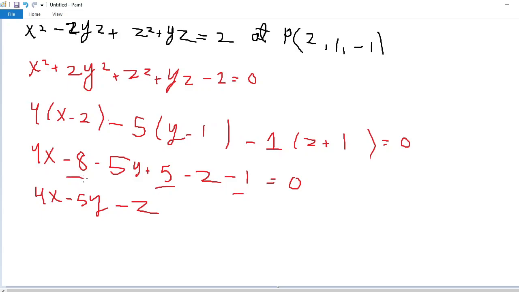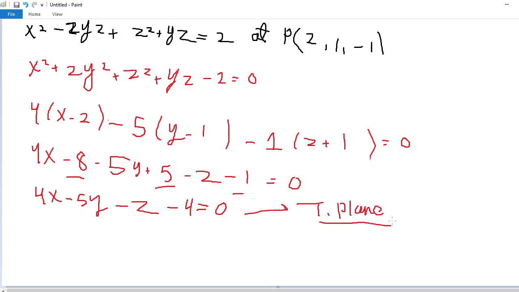So negative 8, negative 1 is going to be negative 9, and plus 5 is going to be negative 4. So here is going to be negative 4, then equal to 0. So this answer is the final answer for the tangent plane. So this is the final answer, okay?